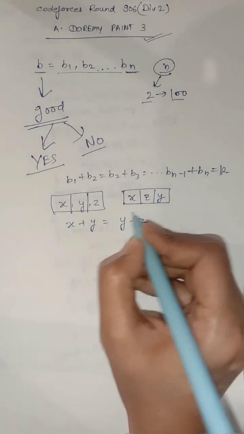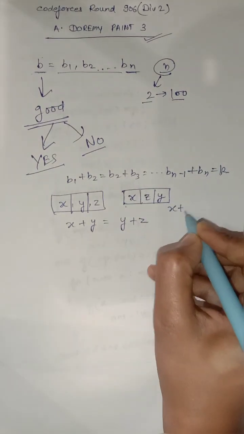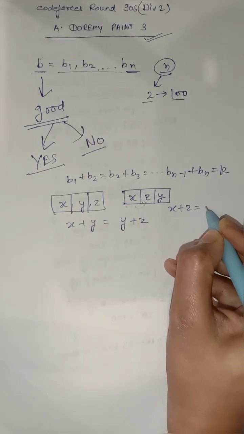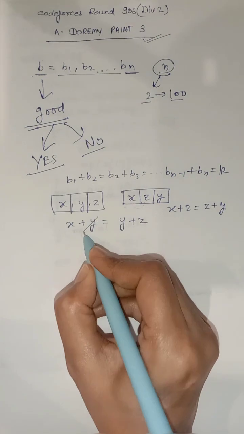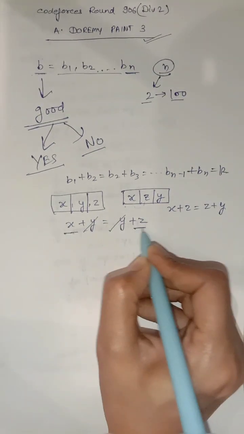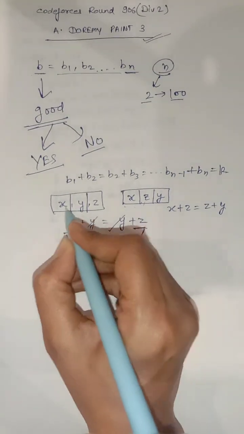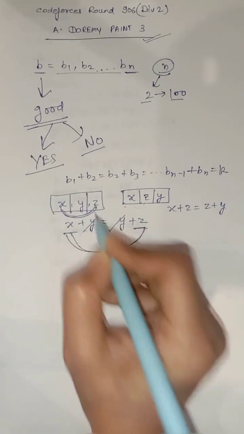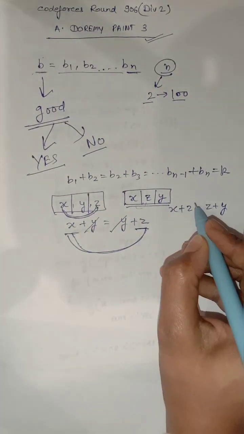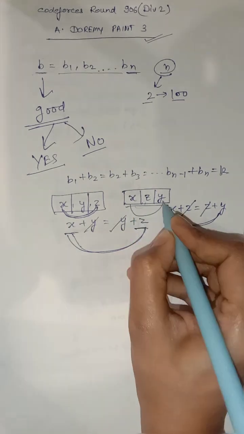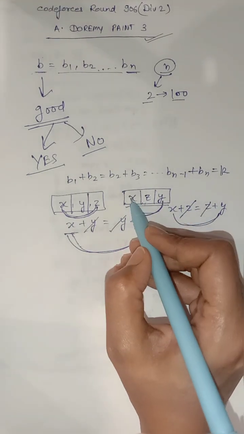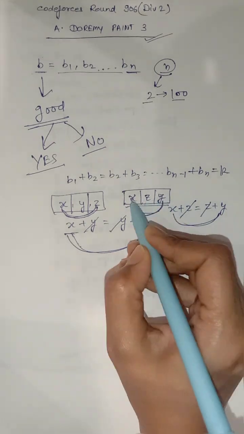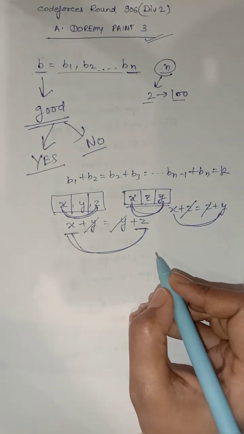But in the end we want the same thing, that these consecutive elements' sums should be equal. So you can see here x should be equal to z from this equation. These two values should be equal. Even if we permute it, we will get x is equal to y. These two should be equal. So we learn that the alternate places, like odd places, should have the same elements.